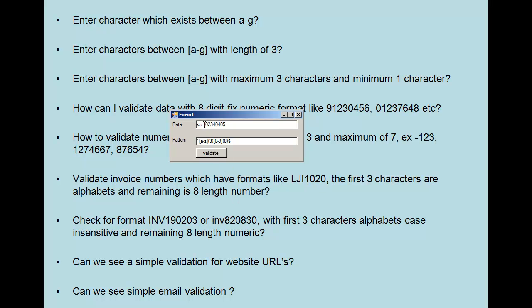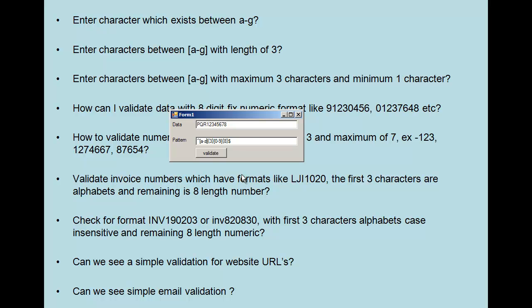Okay, now the problem here is that if I type capitals here, it gives me validate false, which is not right. For example, if I say PQR12345678, now this should be true. Why? Because it's right. The first 3 are characters and the rest are numerics. But the problem here is, the A to Z is only for small letters.